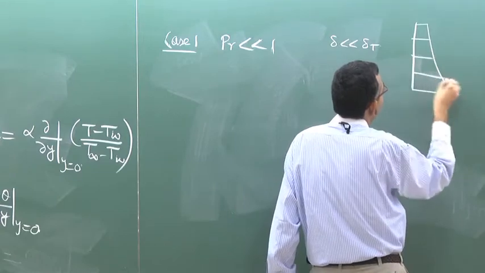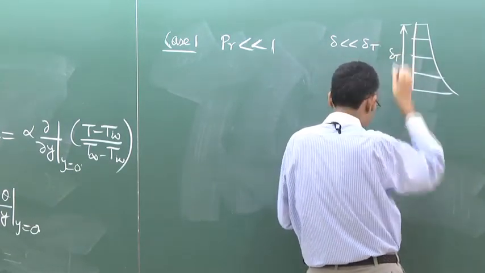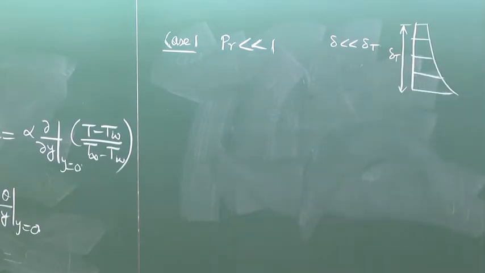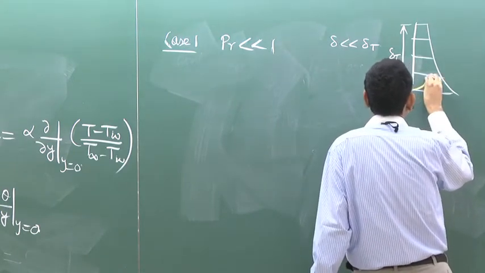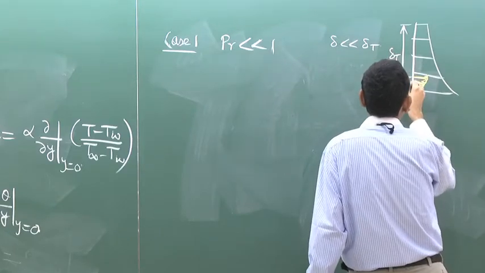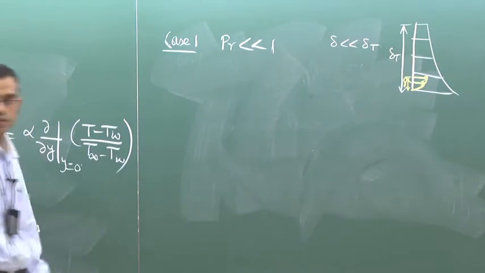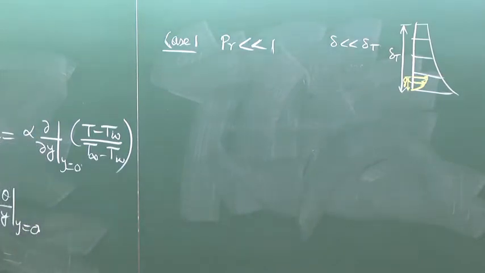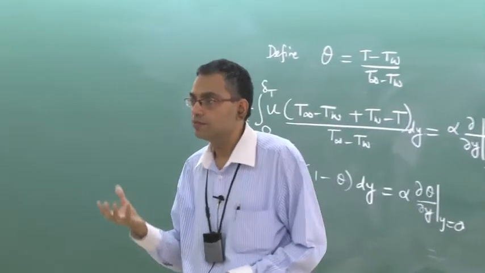So if this is the delta t, then your delta is much less. So almost throughout the thermal boundary layer U is U infinity.